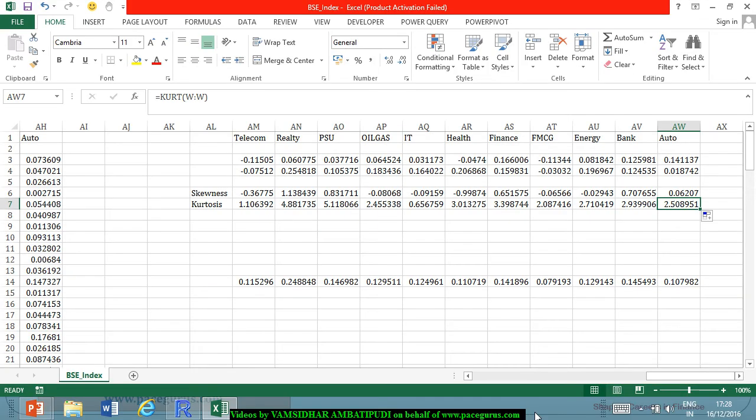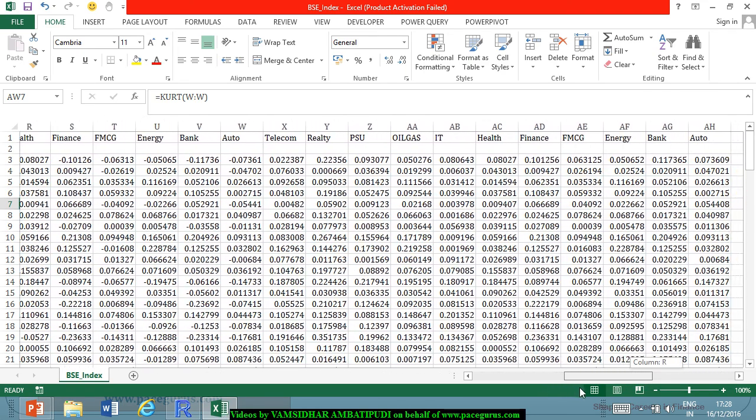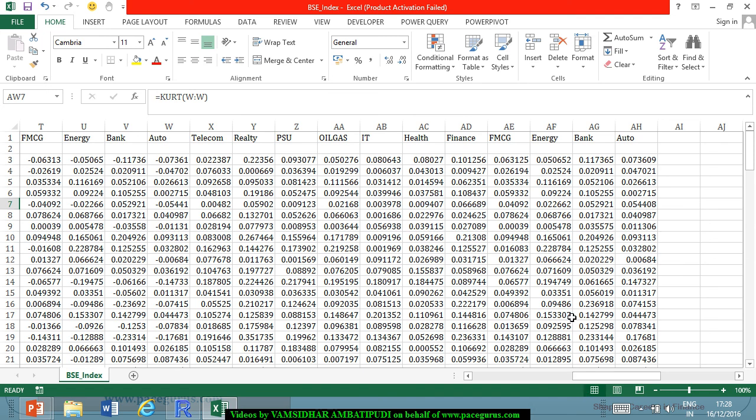So when I'm talking about extreme returns, let me take the worst 25 percentile return, the smallest 25 percentile return. Because I have 120 data points, I want to check the bottommost 20.